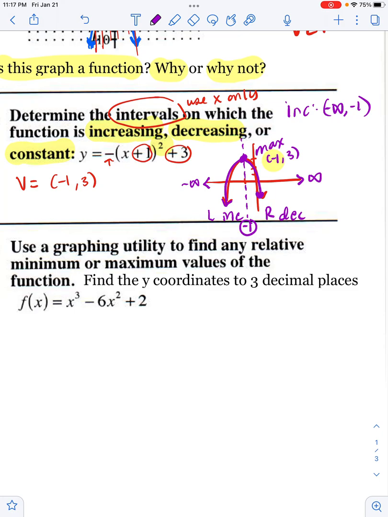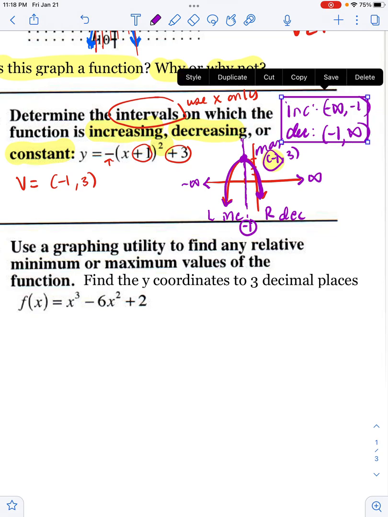And it's not really included because when it hits that spot, it's no longer increasing, it's turning around. Then it comes back down. So the interval where it's decreasing is from here over to the right. So from -1, because we always use X values, forever to the right, which is infinity. So these are considered my intervals of increasing or decreasing.